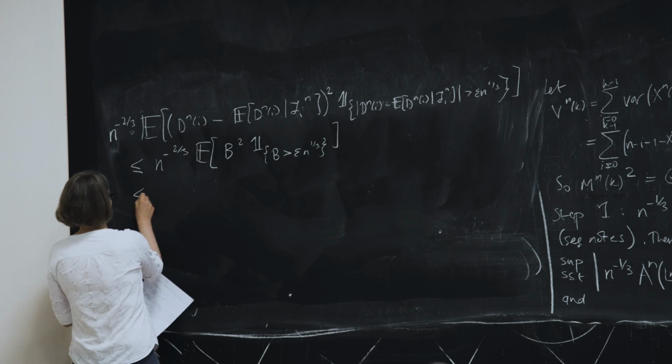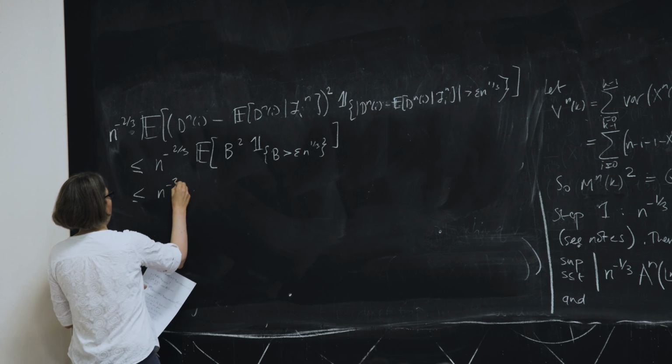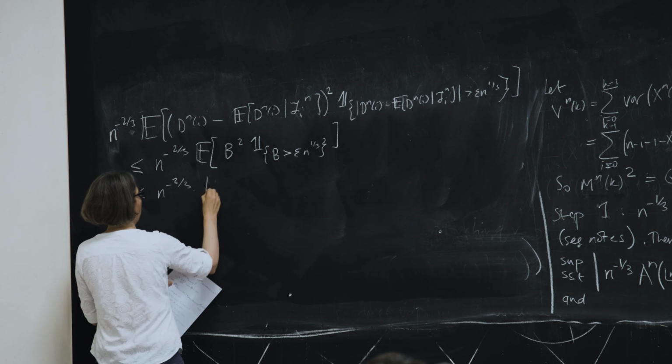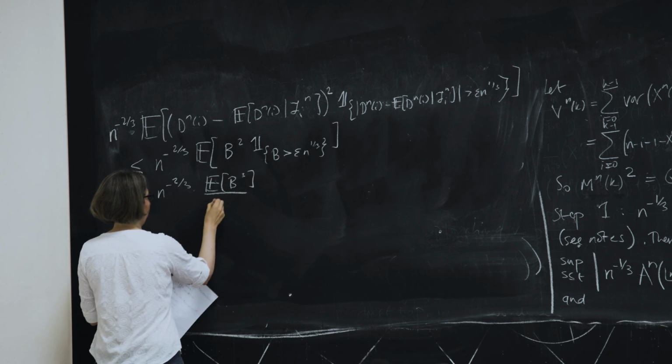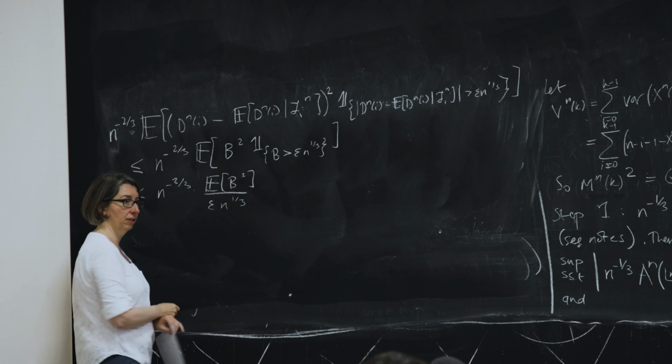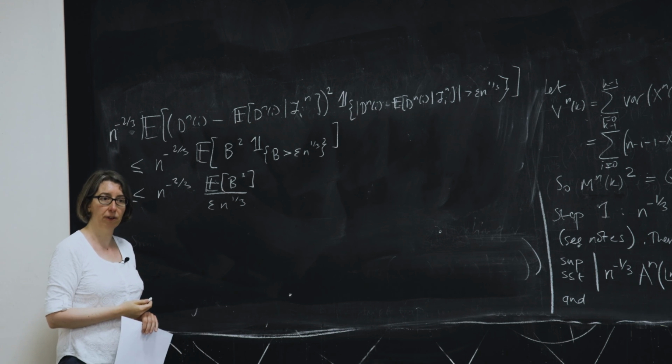Okay. And the point is, I can just do an easy bound here. This is bounded above, say, by the third moment divided by epsilon n to the 1/3, by basically Markov's inequality.